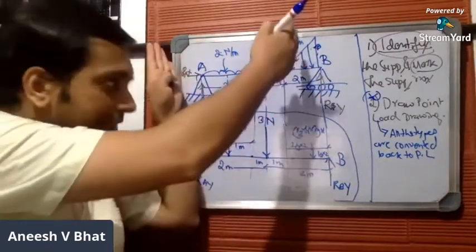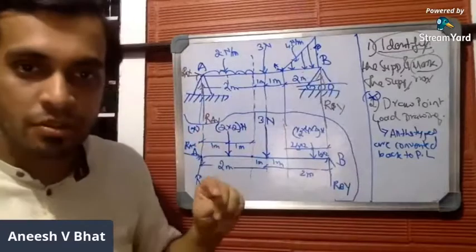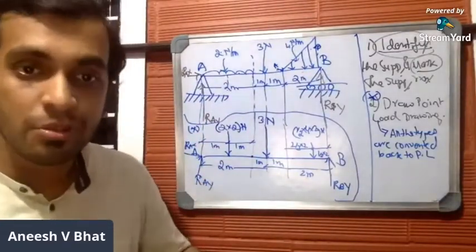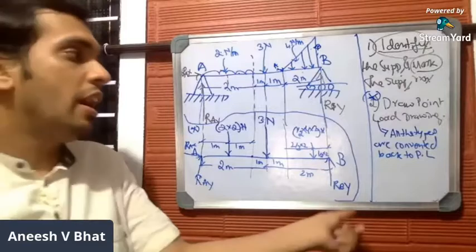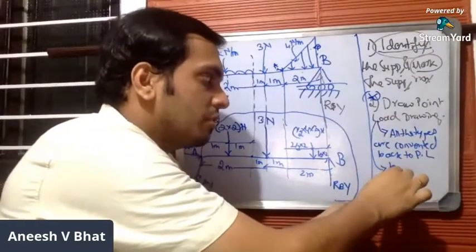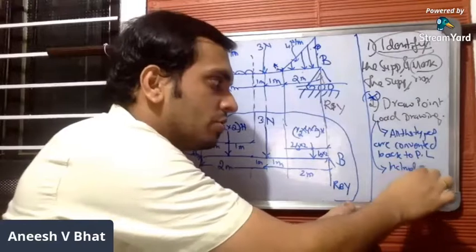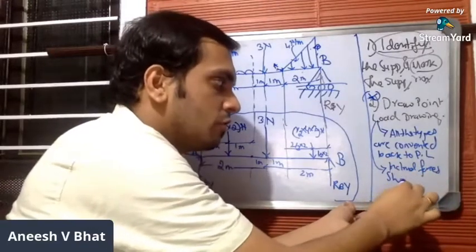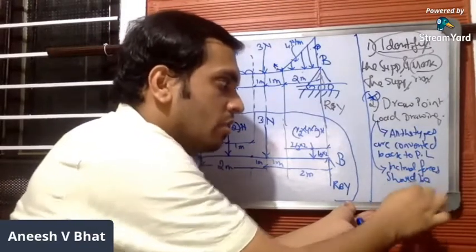That's why you draw it exactly under the question, so that it becomes easy for you to draw the point load. And if you have any inclined forces in the question, inclined forces should be resolved.